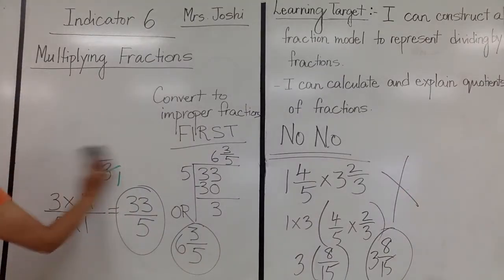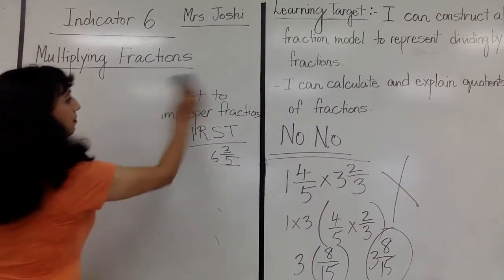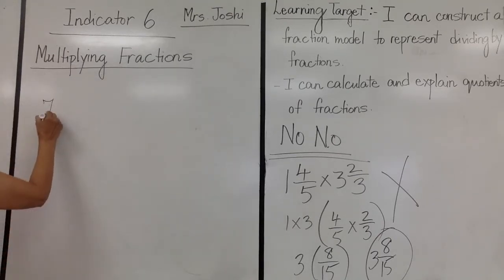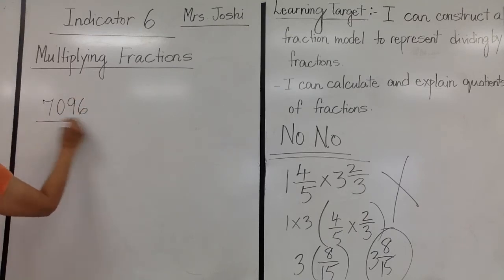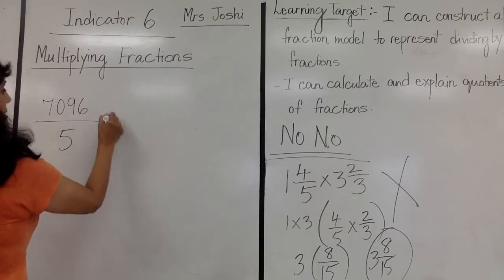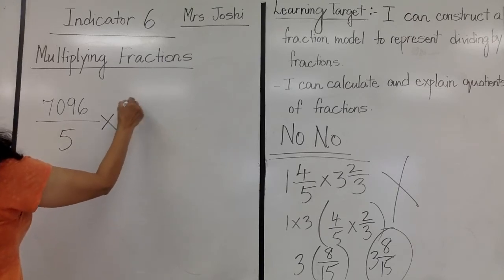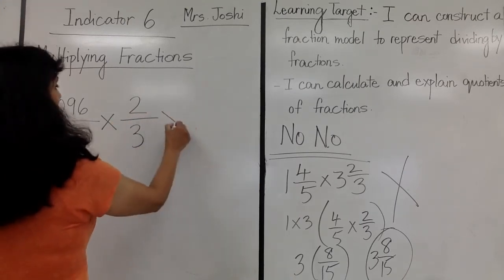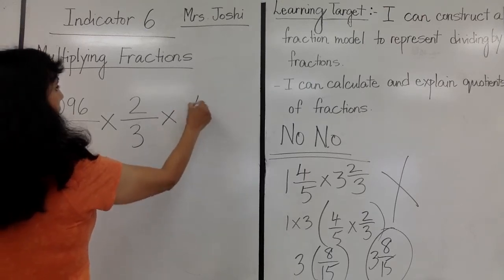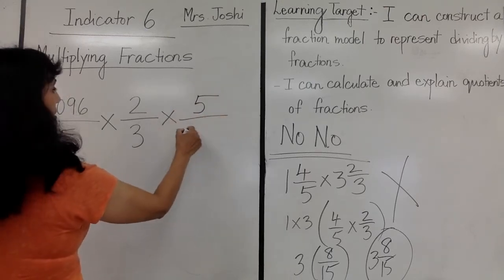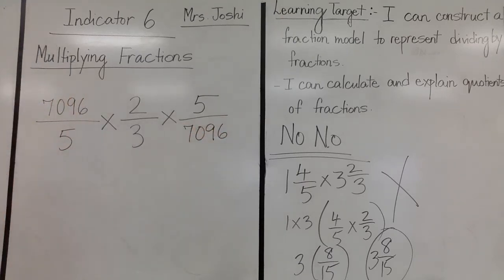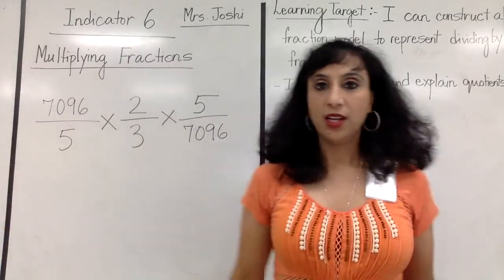And so let me see if you can figure it out. $7,096 divided by 5 times, let's say, 2/3 times 5/7,096. All right, so can you figure out the answer?